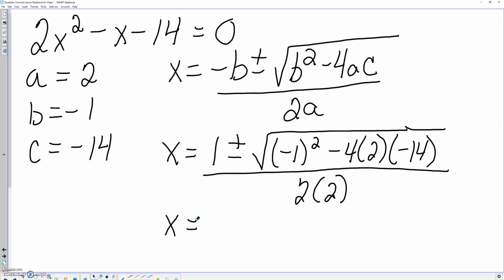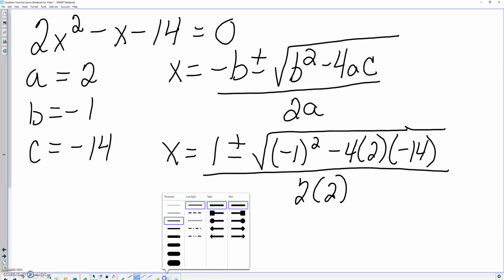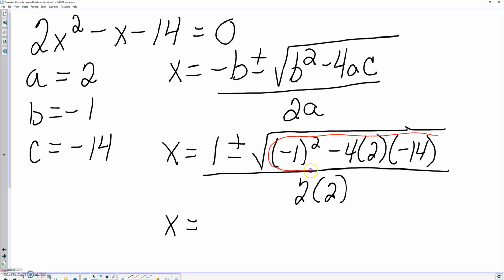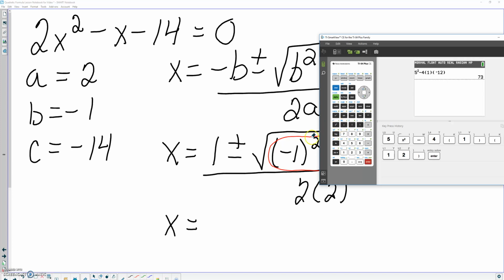Okay, so now to simplify this, we're again going to look at the expression underneath the radical. So we're going to type that whole thing right into our calculator. Okay, so we had parentheses, negative 1 squared.